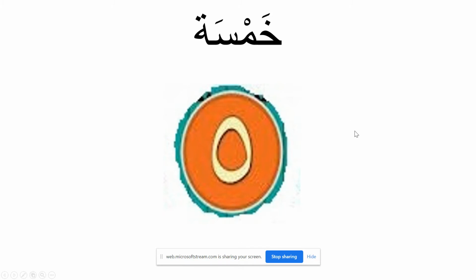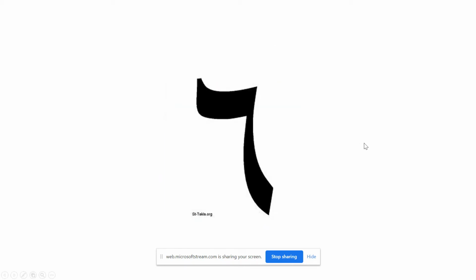This is khamsa, the number 5. This seven looking thing that's a little bit curved is the number six. So be careful there: it looks like a seven, but it's the number six. It's an Indian numeral. Sitta.